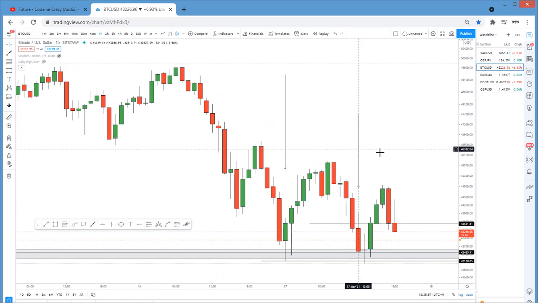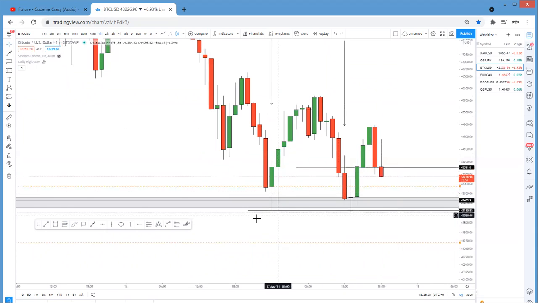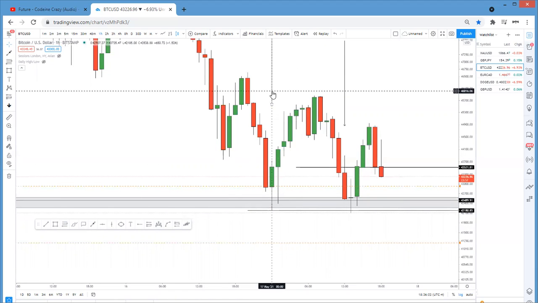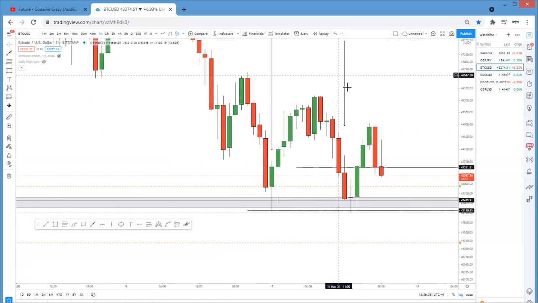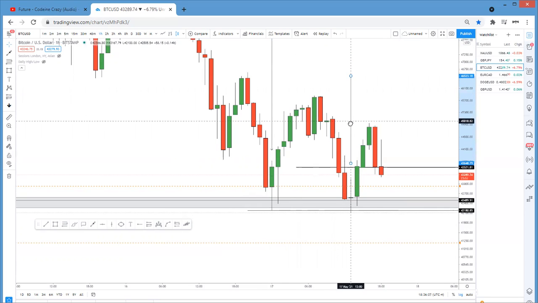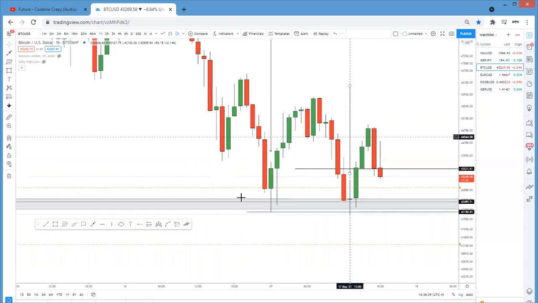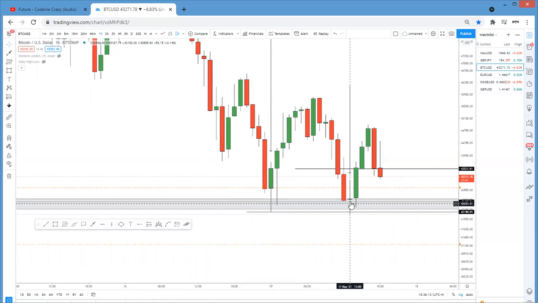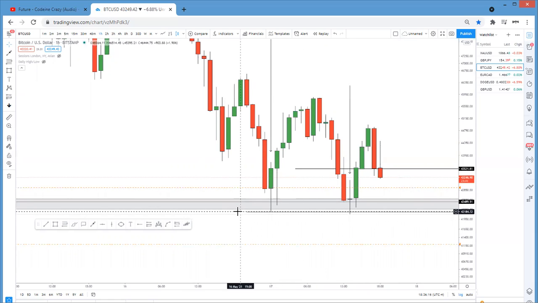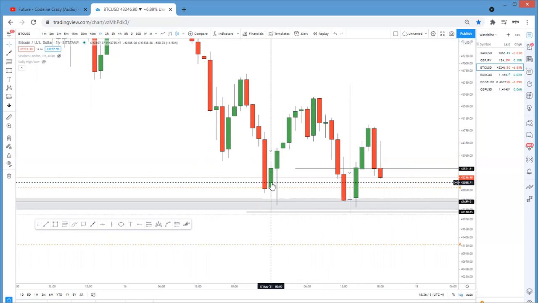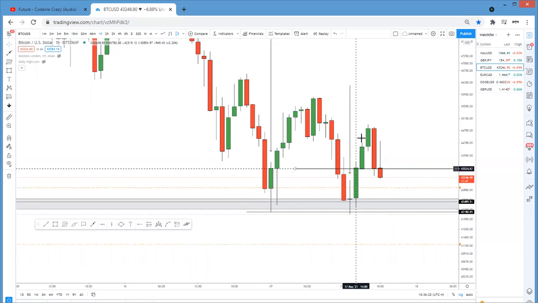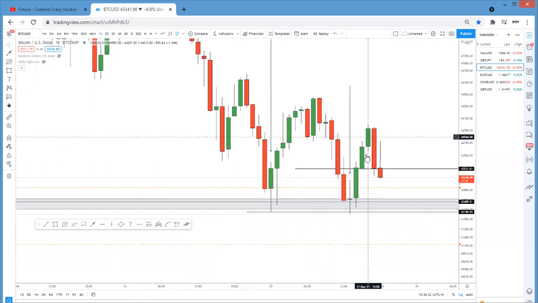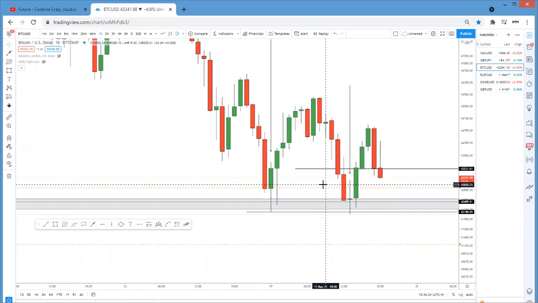Notice how on the 1 hour, this was the hour candle that made the low, and then this was the hour candle right here that made that low. This hour candle right here, this little doji, pushed right below the low of this candle right here. And then notice how price gave a nice push from there, right?